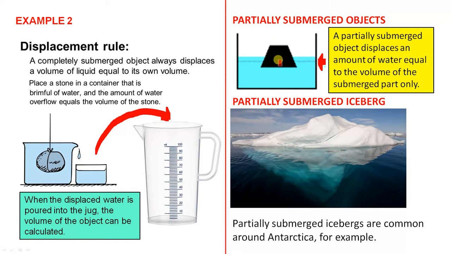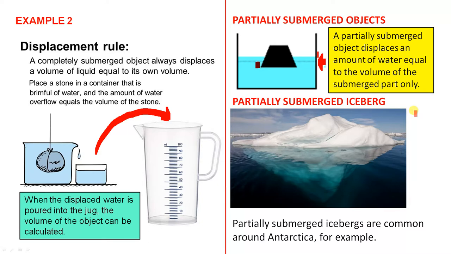When this object is submerged, and it's only that part that's submerged, see how the water rises? So only that part there is underwater. So that water there, from that level to this new level, that will tell you the volume of the submerged part only.